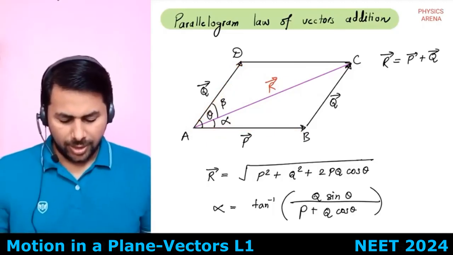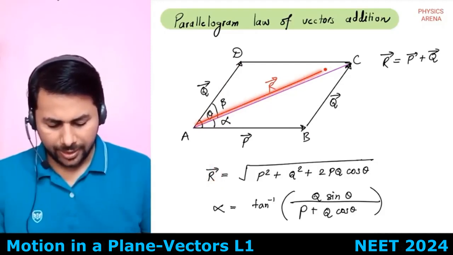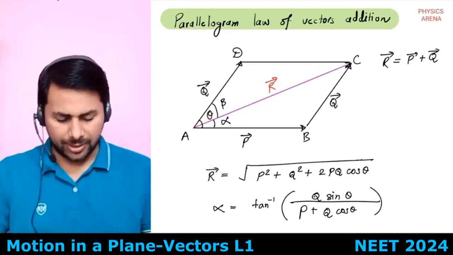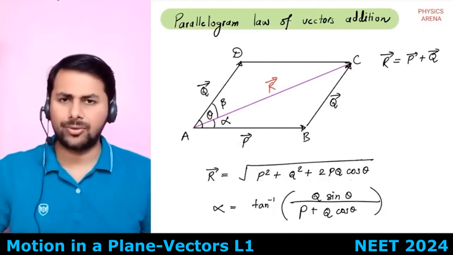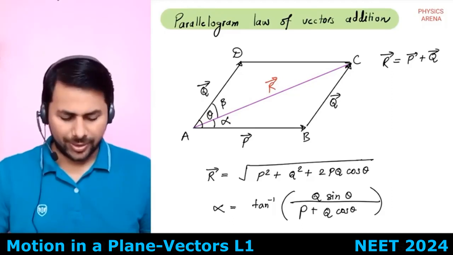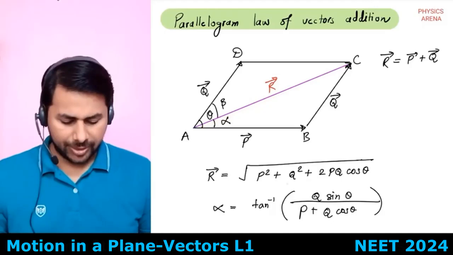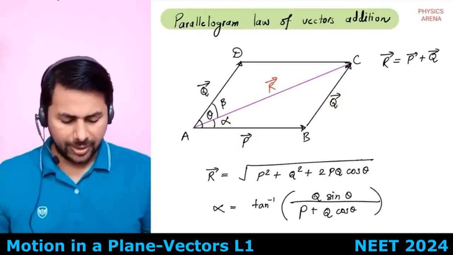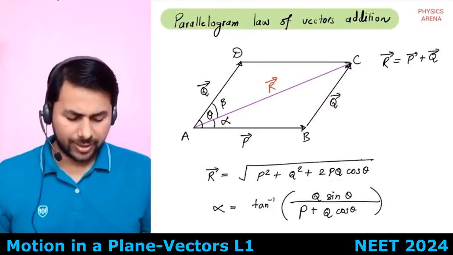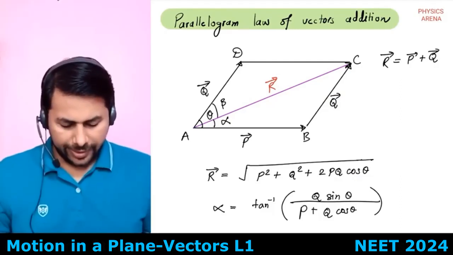Then you have the resultant r bar, and its magnitude is given by square root of p square plus q square plus 2pq cos theta. So the magnitude of this resultant is the square root of the magnitude of the first vector squared plus the magnitude of the second vector squared plus 2 times the magnitude of the first vector multiplied by the magnitude of the second vector multiplied by the cos of the angle between the two.